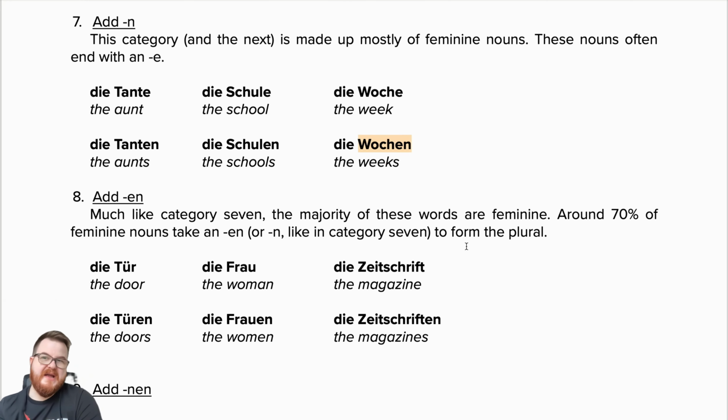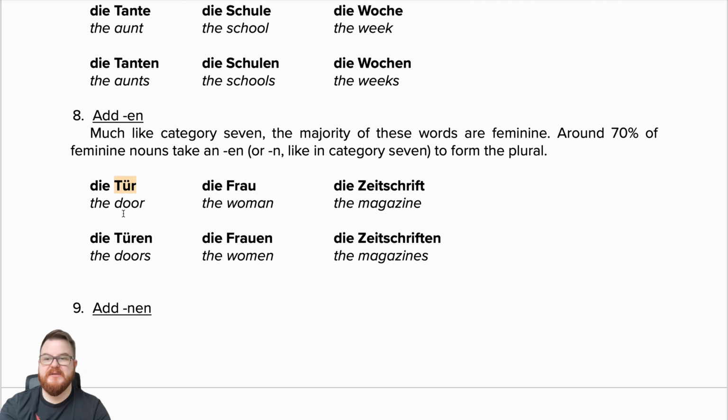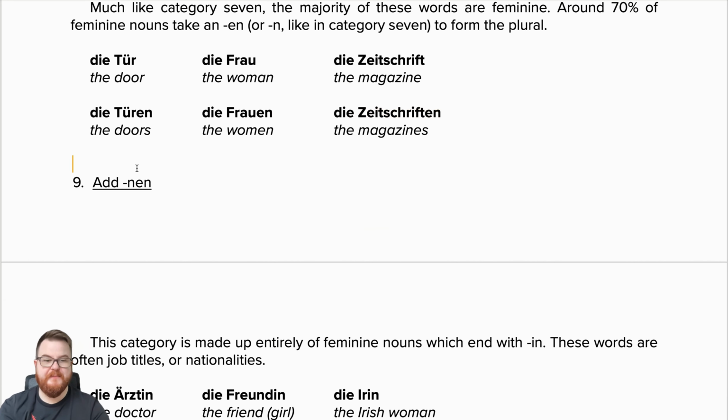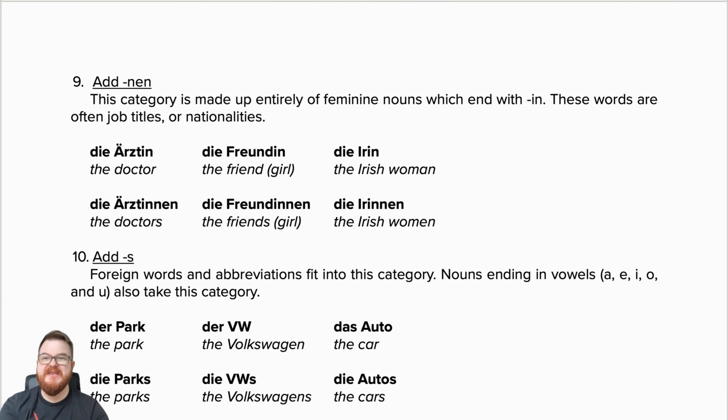Now, category 8, a little bit like category 7, these are mostly feminine nouns, and most feminine nouns take an EN to become plural. Die Tür, die Türen, die Frau, die Frauen, die Zeitschrift, die Zeitschriften. Category 9, we add NEN.